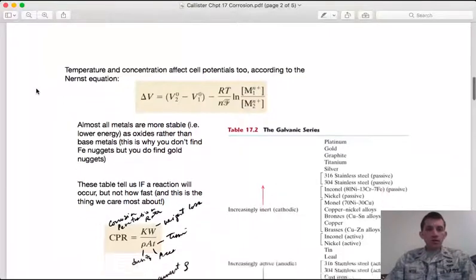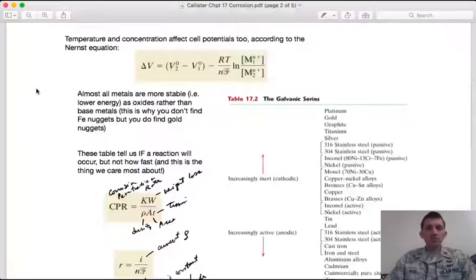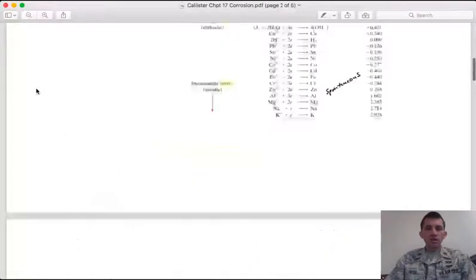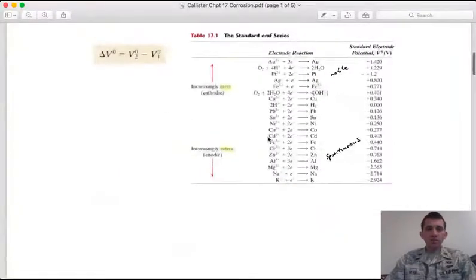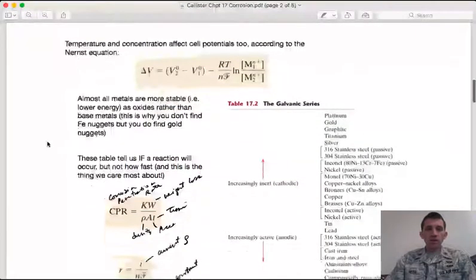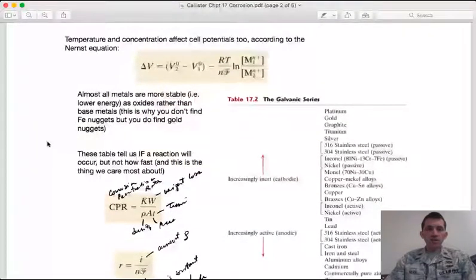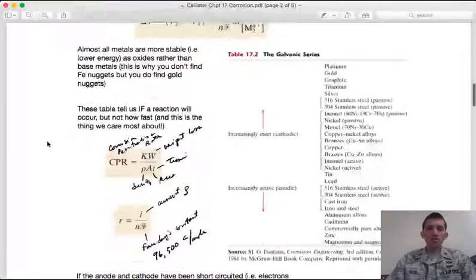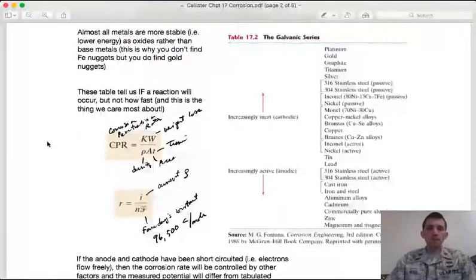Okay. And so the EMF series is helpful to a degree in that it gives us a relative ranking for various metals, but again, it's under standard temperature and pressure, under prescribed concentrations, and so from a practical standpoint, it may not be useful from, say, a material selection point of view.